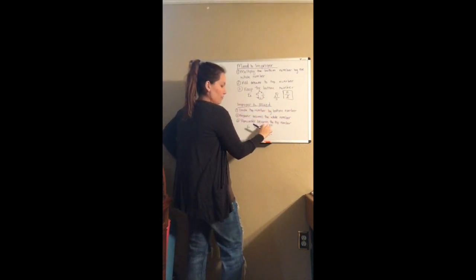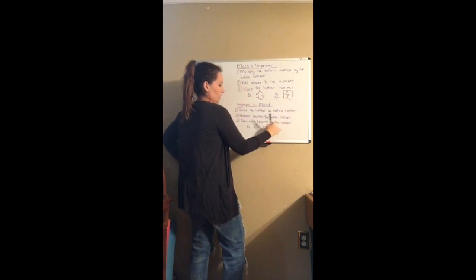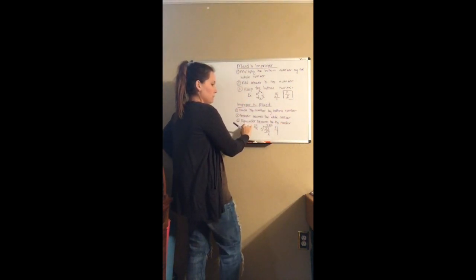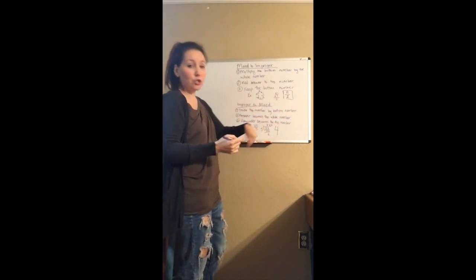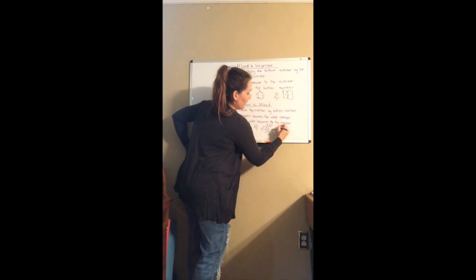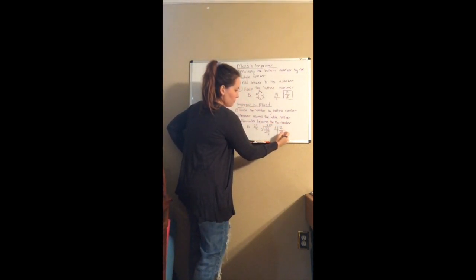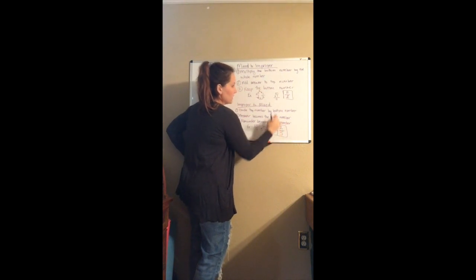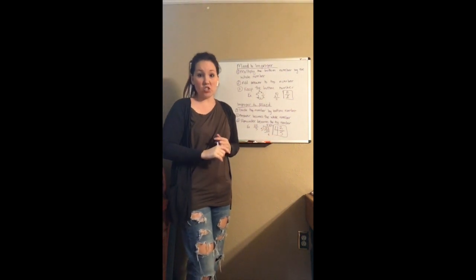So that 4 becomes our whole number, and the remainder becomes the top number. That remainder becomes our numerator. Then we have 2 over, we keep that bottom number. If you notice in both of these, we keep the denominator the same. They're not going to change.